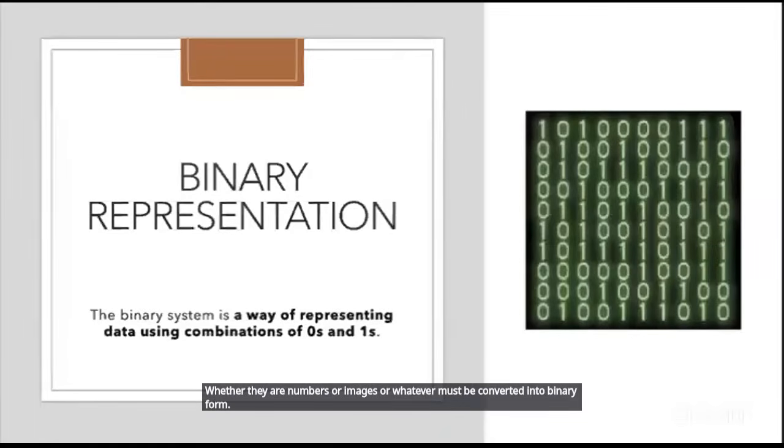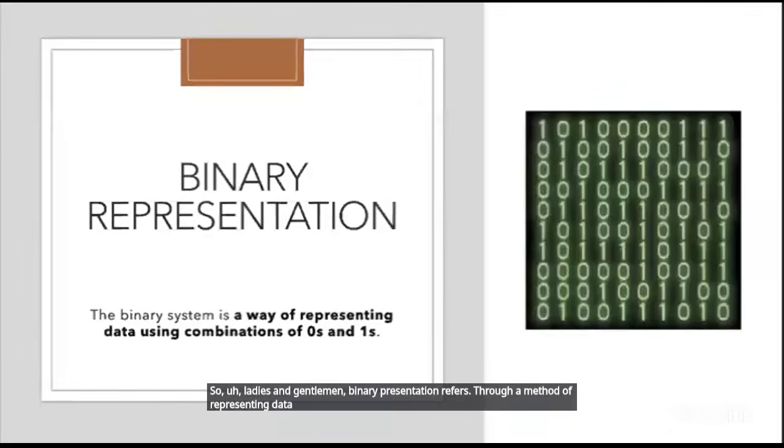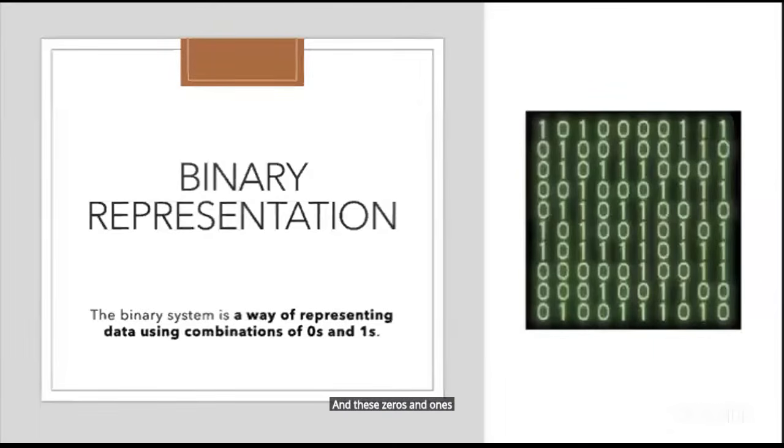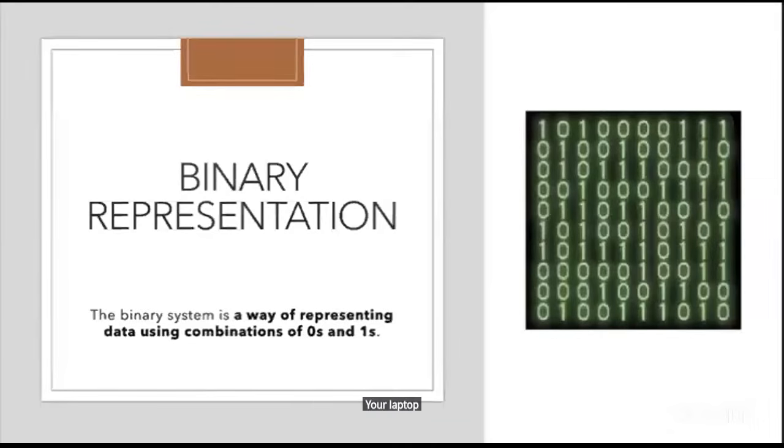So ladies and gentlemen, binary representation refers to a method of representing data using only 2 digits, zeros and ones. And these zeros and ones serve as the fundamental building block for all digital data in computers. Your laptop, your mobile phone, whether yeye phone or not, your digital devices, any smartphone, touch screen, internet TV, name them.